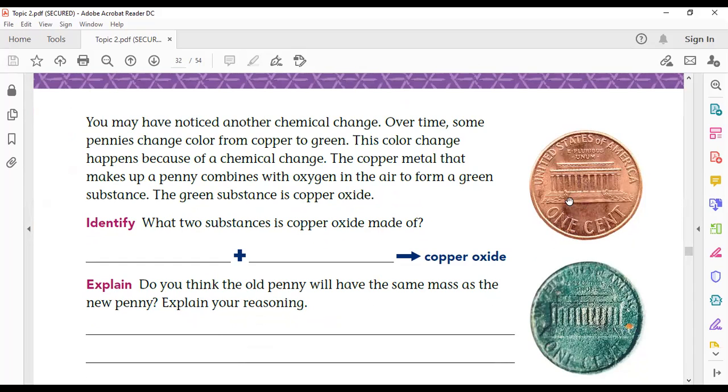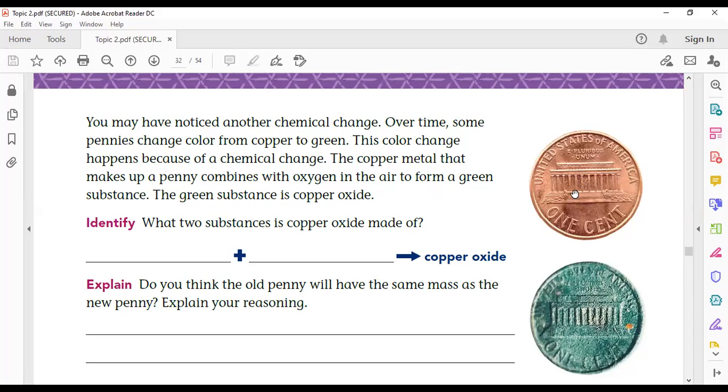This penny is made up of copper. Copper is a metal. Over time, some pennies change color from copper to green. This color change happens because of a chemical change. The copper metal that makes up a penny combines with oxygen in the air to form a green substance.